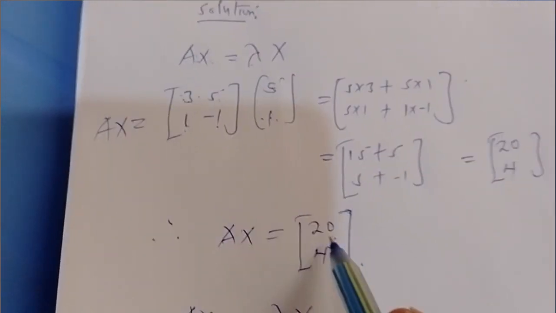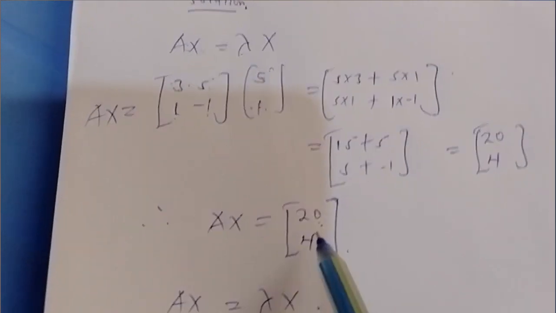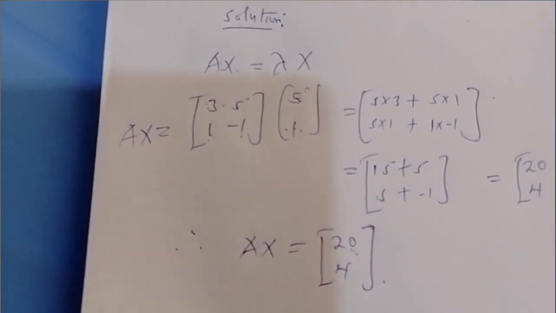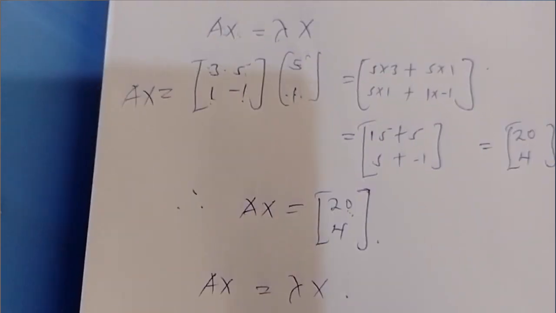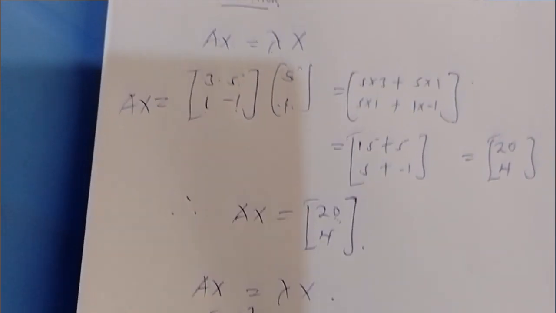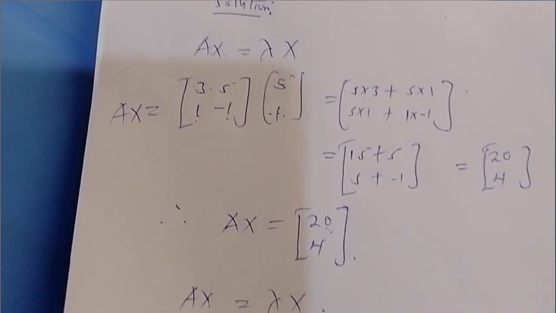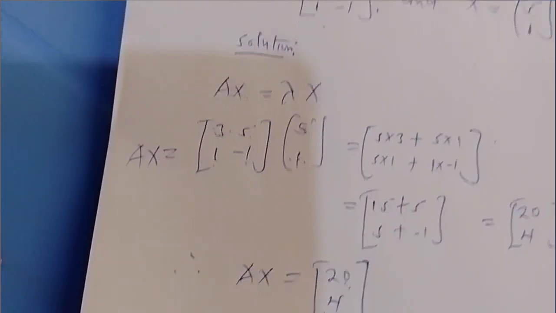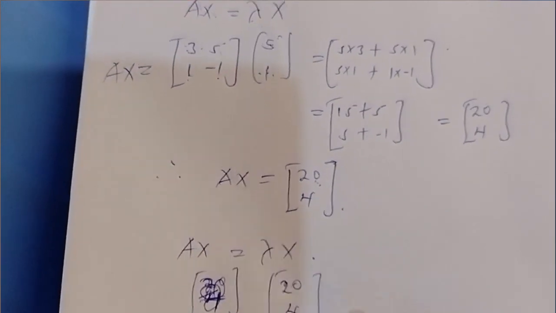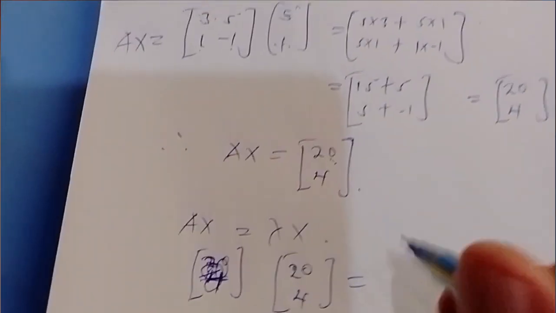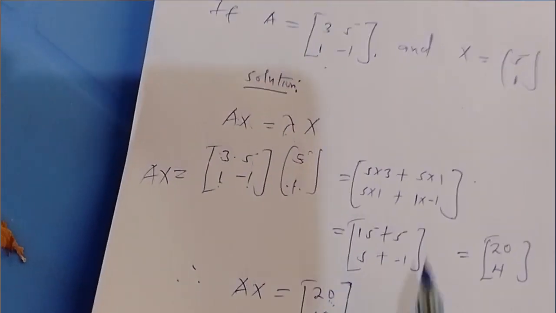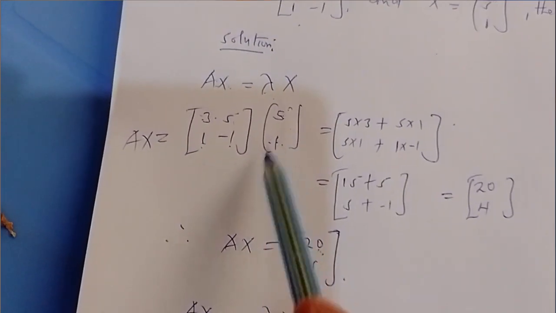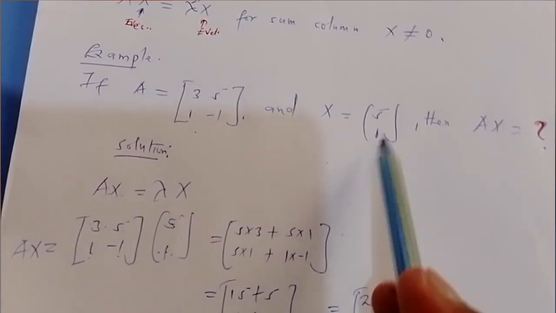So this result, our matrix after getting the product of A and x, that is 20, 4, is equal to lambda x. But what is our x? Our x is 5, 1 from the question.